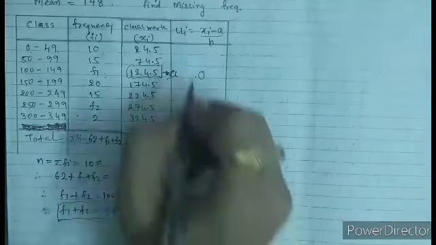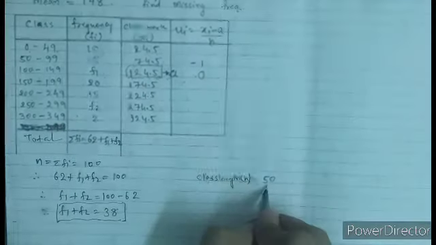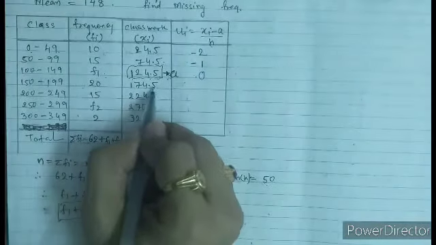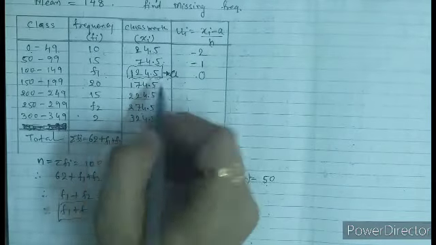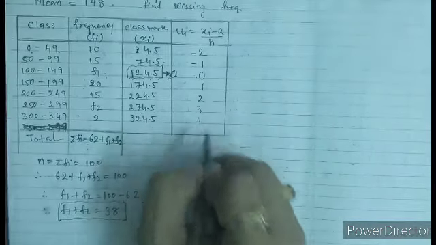Minus 50 upon 50 is minus 1. Then above that, 24.5 minus 124.5 is minus 100, divided by 50, that will be minus 2. So 0, minus 1, minus 2. Now below that, 174.5 minus A 124.5 is 50, divided by 50 is 1, and so on 2, 3 and 4. So these are the values of Ui.